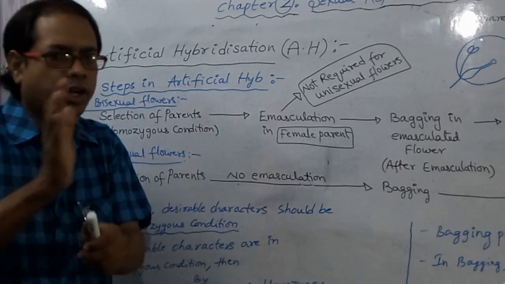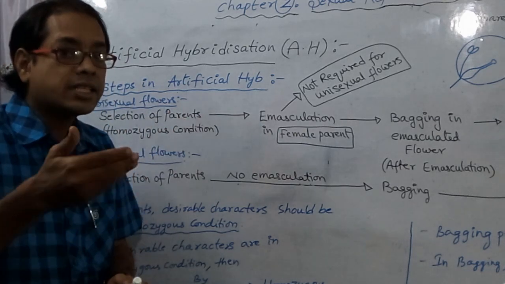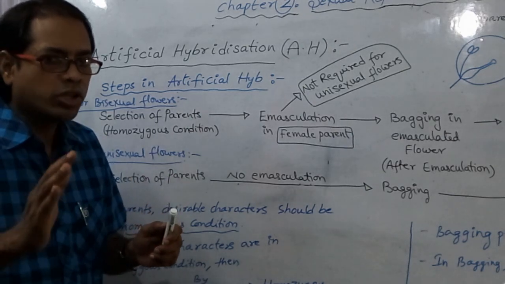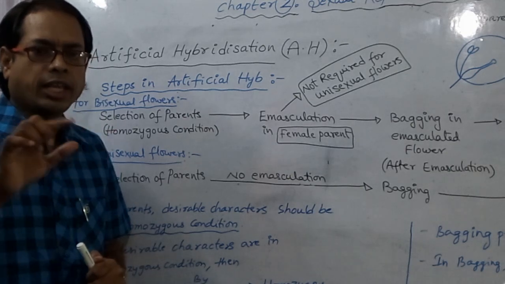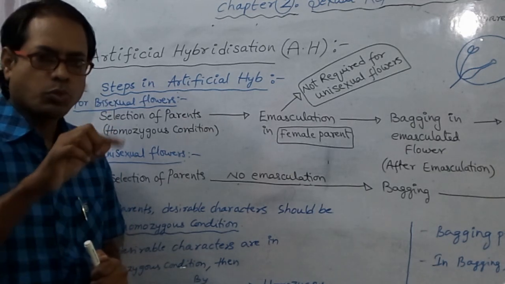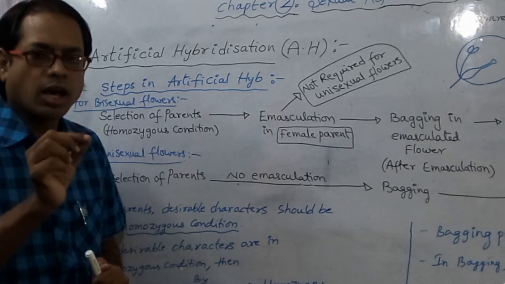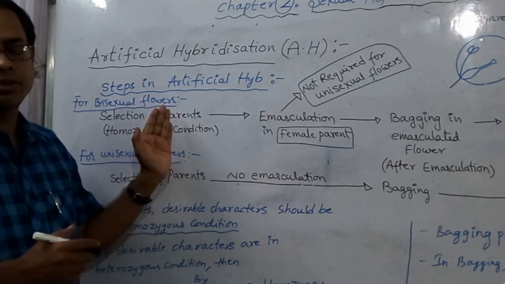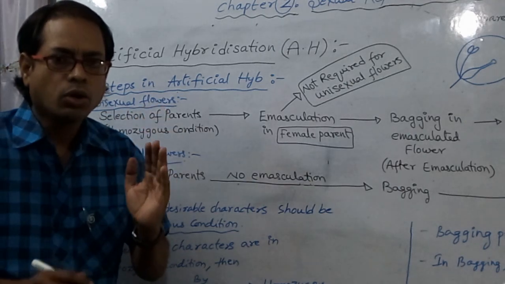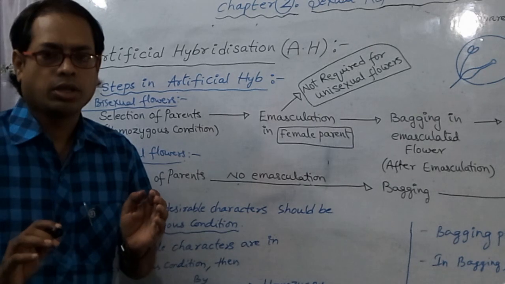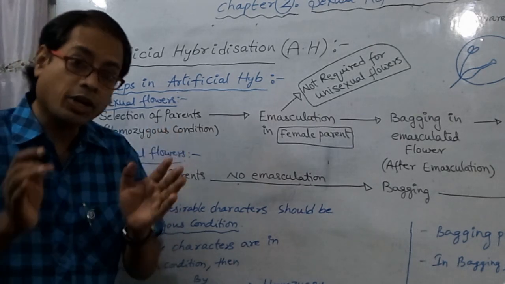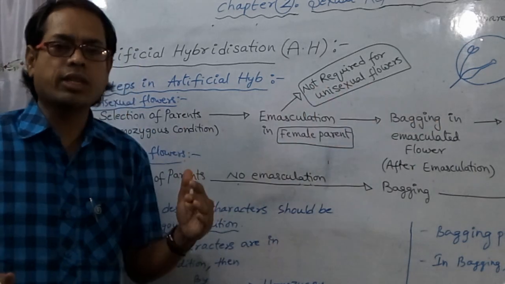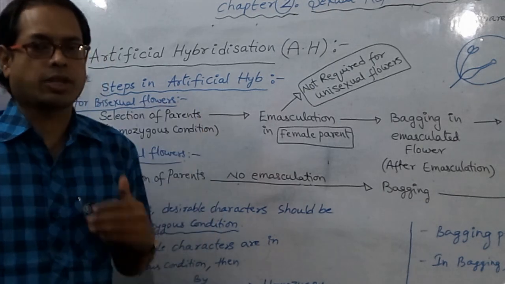Homozygous means capital T, like that, or small t, like that. The two alleles are the same.